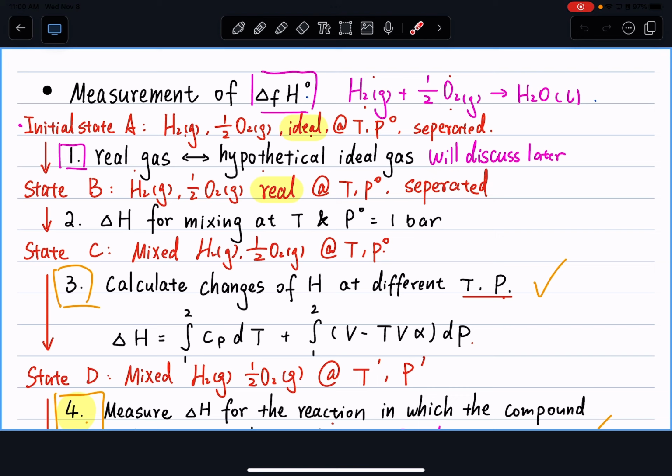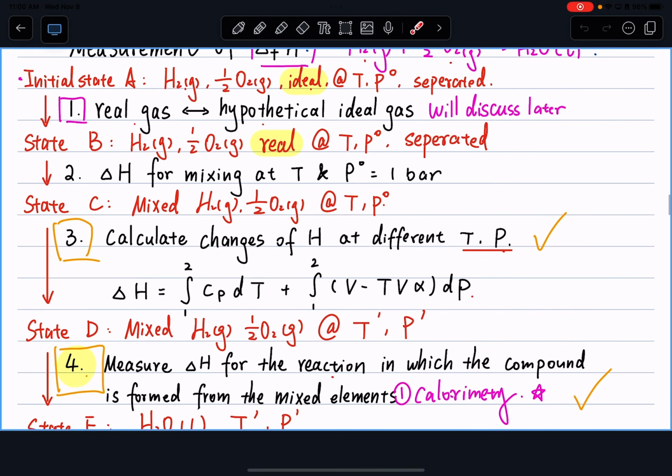Right, so we gave you this list of procedures that you need to take, these mental procedures or actual procedures, in order to measure the standard heat of formation. In our last lecture, we went over this list that includes what exactly is there in each state and what measurement we're taking in each of the transformation steps.